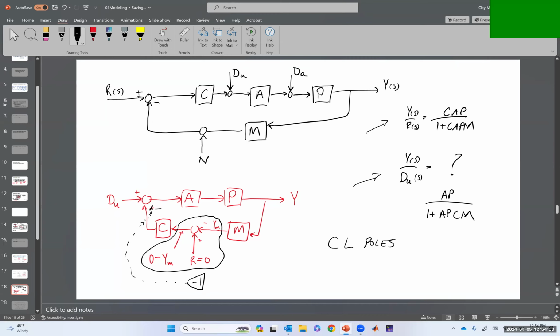I think the black is one way, the red is another way. The only properties I used were cascading, A in series with P becomes AP, and the feedback loop, forward over 1 plus forward times feedback.